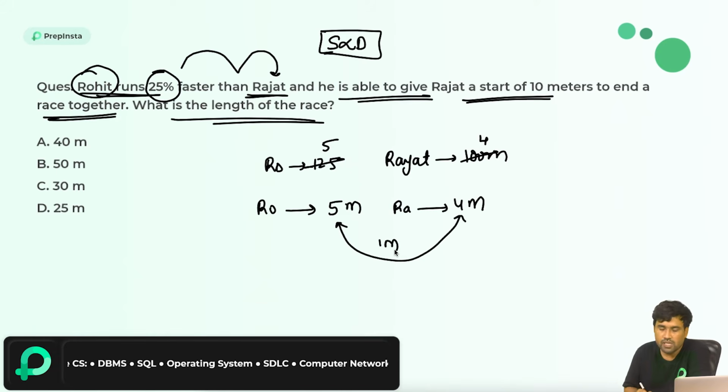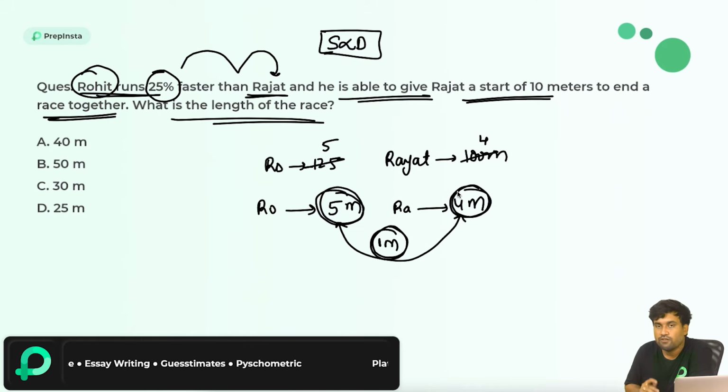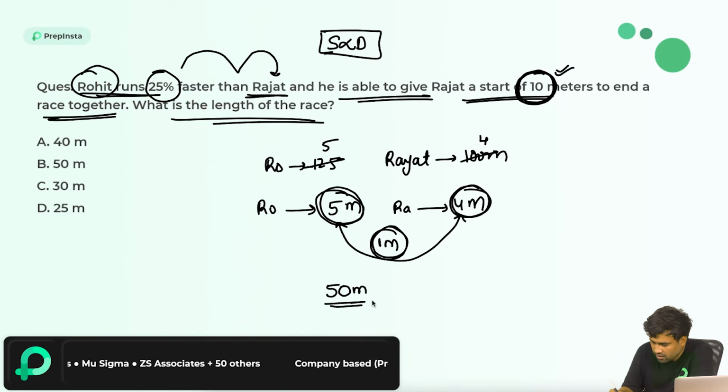So in order to have a 1 meter distance between them, Rohit needs to travel 5 meters and Rajat needs to travel 4 meters. But here the distance between them in the initial case, or the head start given by Rohit, is 10 meters. So in order to get a 10 meter distance between them, Rohit needs to travel 50 meters and Rajat needs to travel 40 meters.